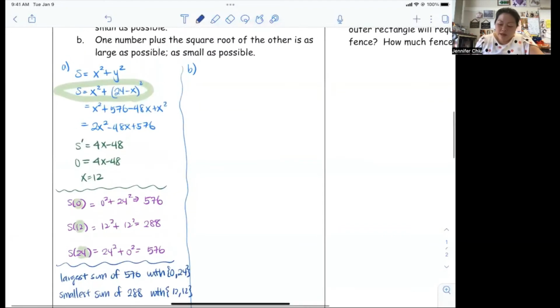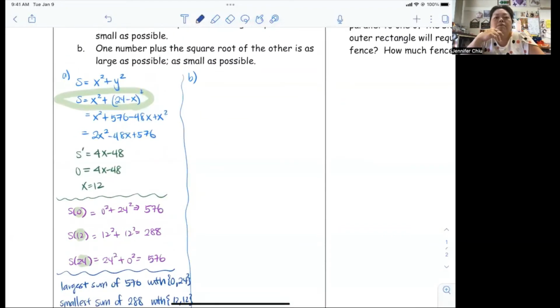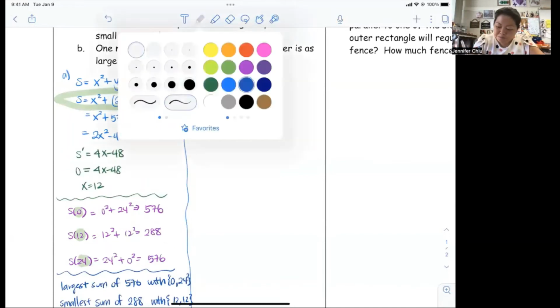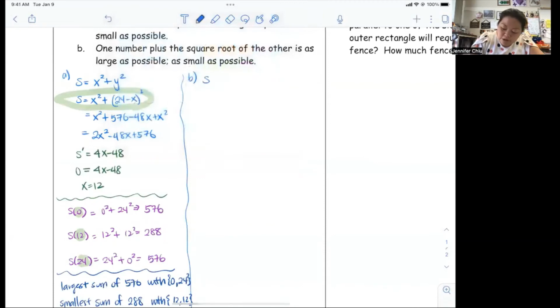Continuing, the next scenario says one number plus the square root of the other is as large as possible and/or as small as possible. So my new function is one number plus the square root of the other, and we'll get the maximum and the minimum. I get x plus root of 24 minus x, because that's what y is.